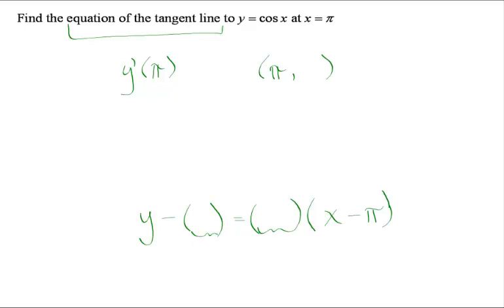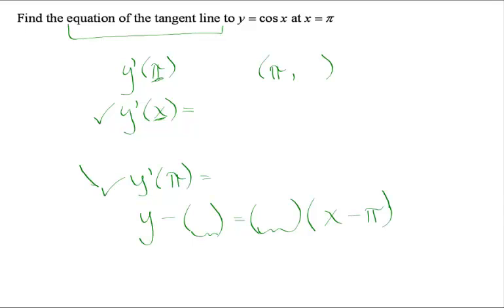So first of all, let's find y prime of x. Always, I'll repeat it again, find your derivative in your variable. Then plug in your x value. There will be points on free response at this step, and there'll be points attached to this step.